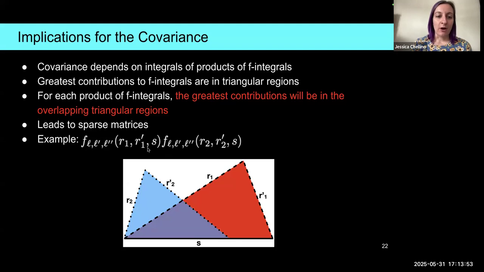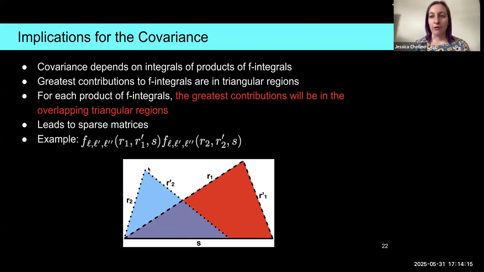The first one, of r1 prime and s, will have the greatest contribution when those 3 sides are able to form a closed triangle, which is in this dashed red triangle. The second f integral will have the greatest contribution when r2, r prime 2, and s are able to form a closed triangle, which is given by the blue dotted region.